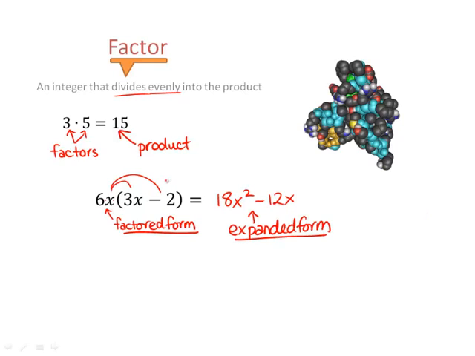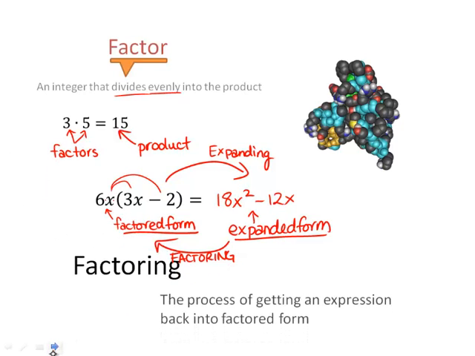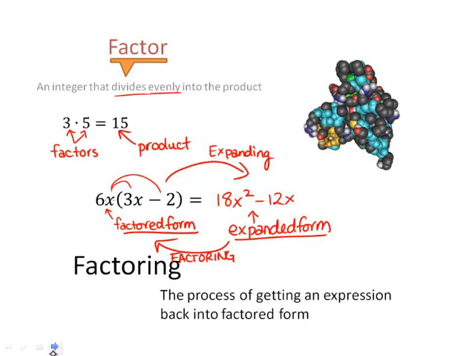Up until now, we have been expanding expressions, and in this whole unit we're going to be factoring. Factoring is the process of getting an expression back into factored form.